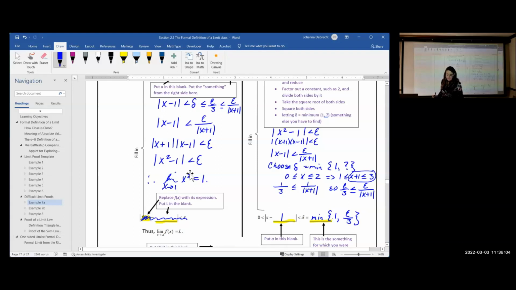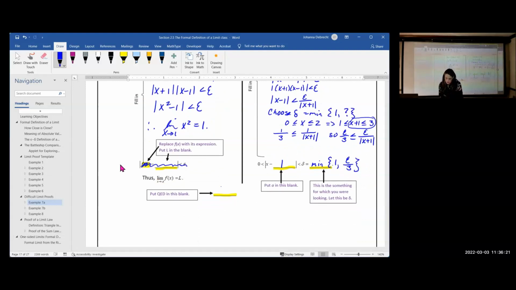In other words, I've said if you are within delta of 1 for the x on the x-axis, then the function will be within epsilon of 1 on the y-axis. And that was what we were trying to prove. So we're done, and we finish our proof with QED.